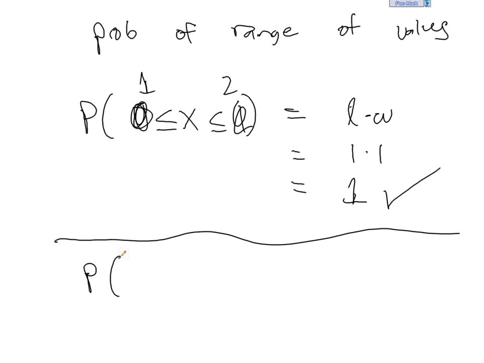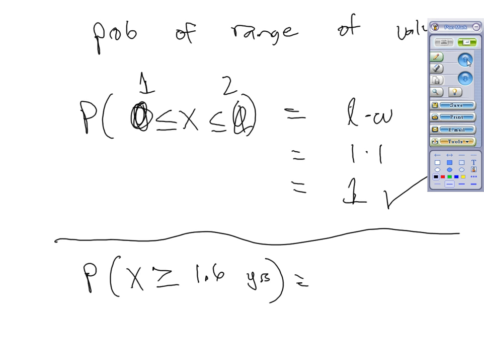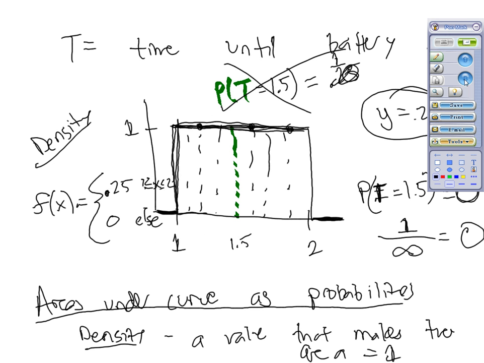Okay, well, what if I wanted to know the probability that the battery survives at least 1.6 years? That would mean I want to look at the area of anything greater than 1.6. I'll draw another one.